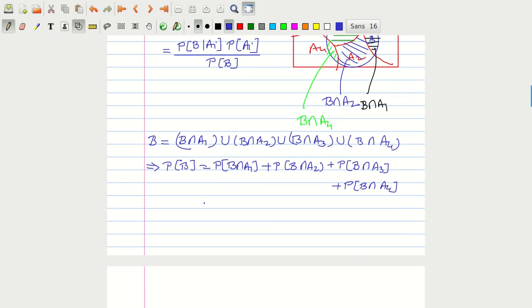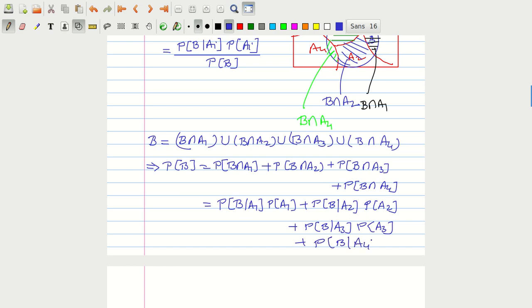Which is equal to, writing the joint probability in terms of the conditional probability, probability of B given A1 into probability of A1 plus probability of B given A2 into probability of A2 plus probability of B given A3 into probability of A3 plus probability of B given A4 into probability of A4.